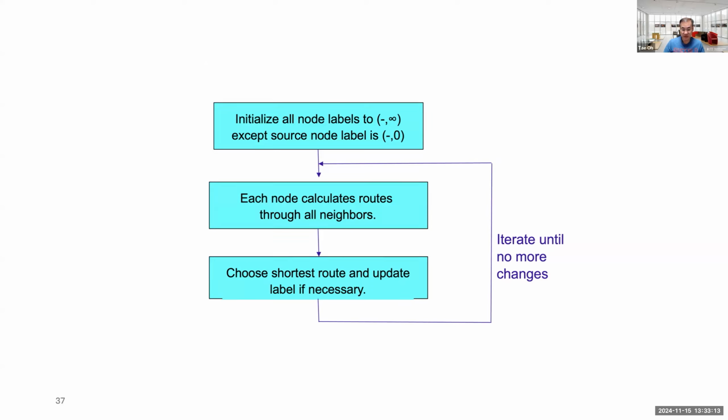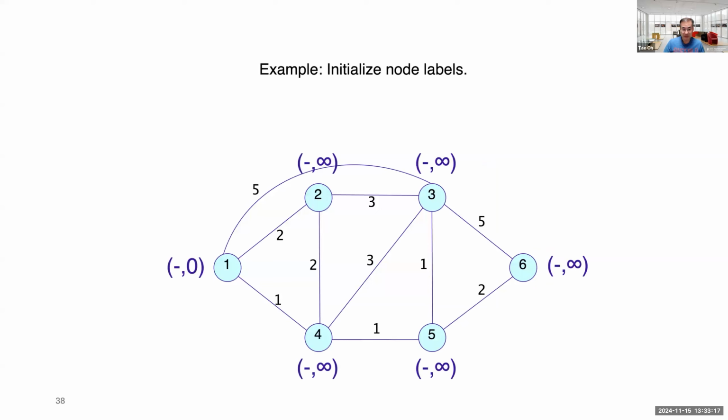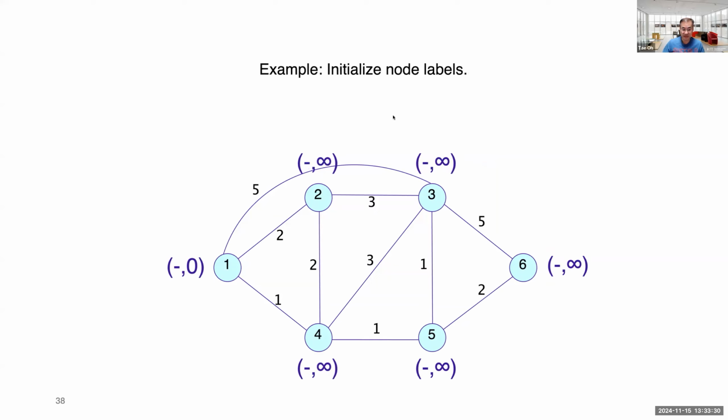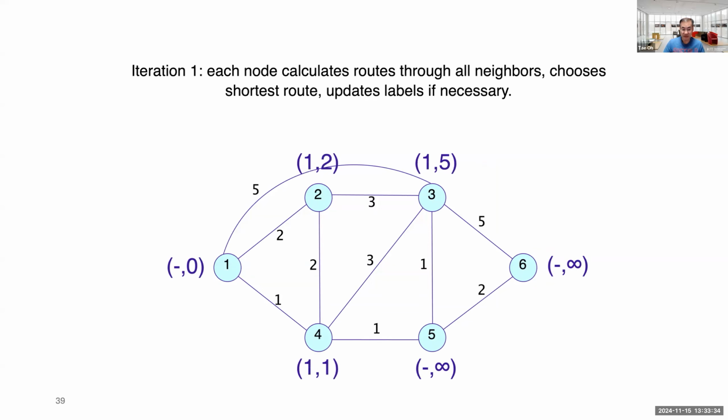Each node calculates a route through all neighbors. What happens is that initialization is the same as in the Dijkstra algorithm. What happens is each node updates its own label. Each node calculates a route through all neighbors, chooses the shortest path, and updates if necessary.